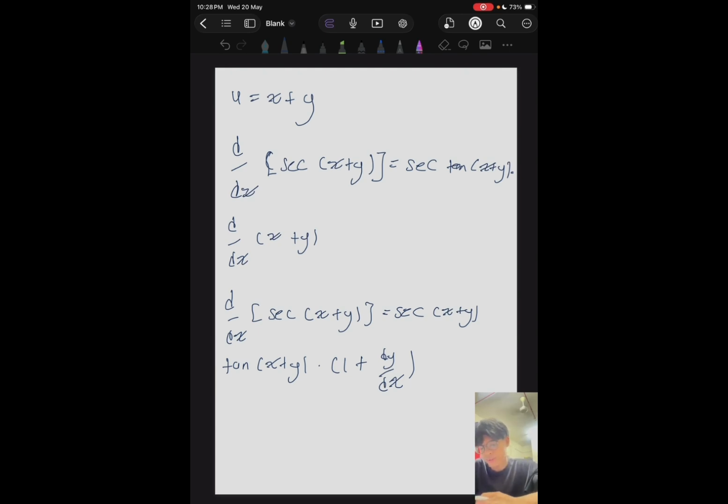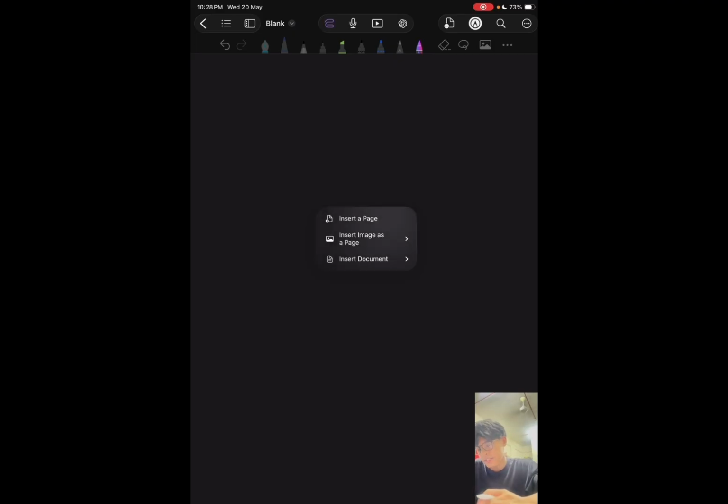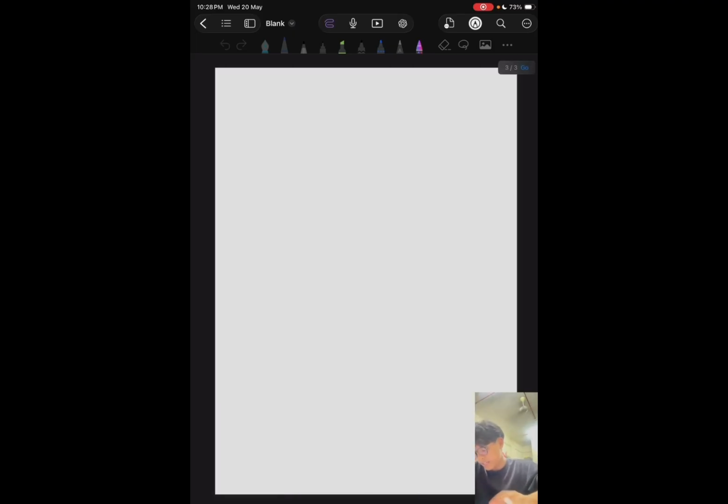Now let's move to right hand side. For the right hand side, we might have to differentiate term by term. And for the 4xy part, we must apply the product rule.